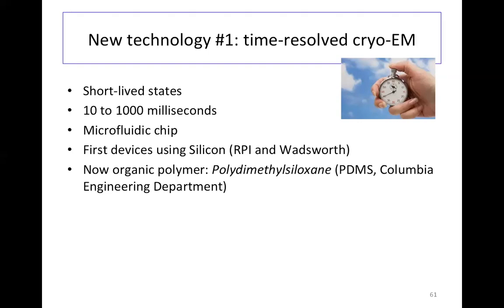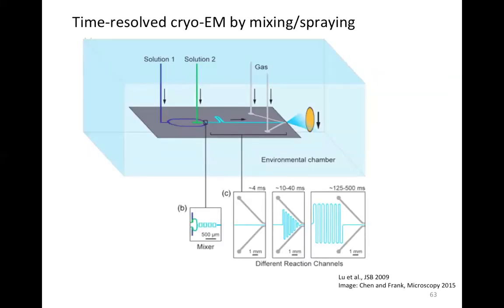And they involve a microfluidic chip. The first devices using silicon were developed at RPI and the Wadsworth Center. And now we are experimenting with new chips with an organic polymer, PDMS, and we collaborate with the Columbia Engineering Department.